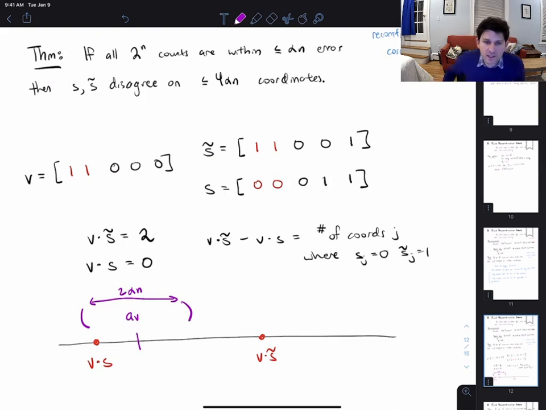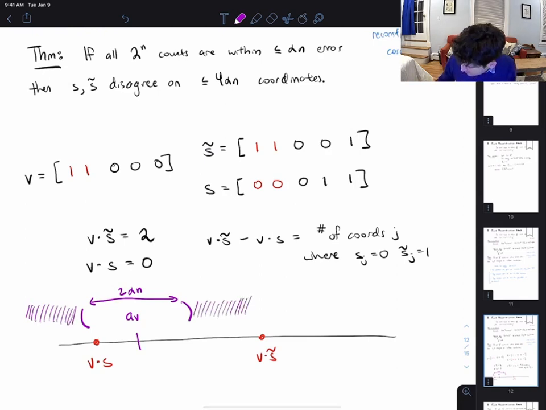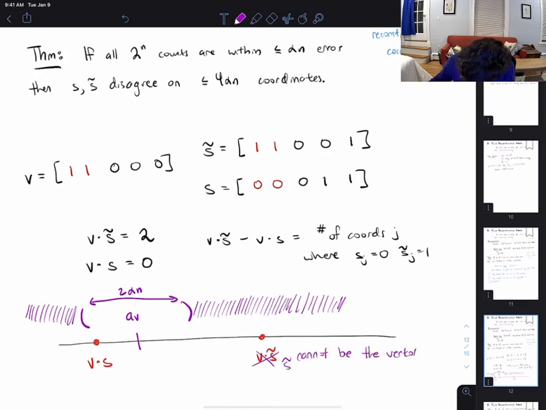And what that means is that the only choices for S are the ones that are within this interval. Okay, so any S tilde outside of here cannot possibly be the correct choice. Right, so S tilde cannot be the vector S, because the answer to this particular query told us that this thing was too far apart.